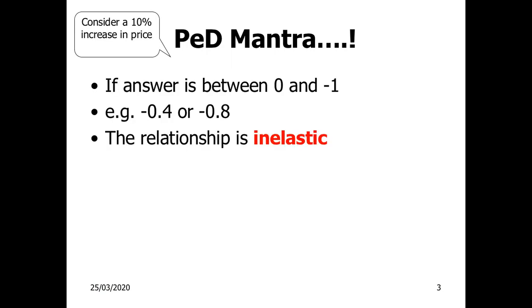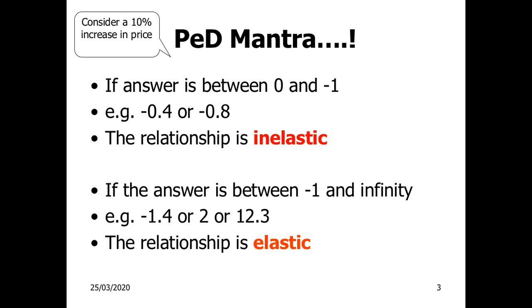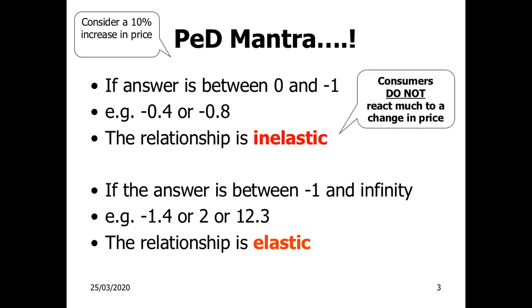So, with PED, generally speaking, if your answer is between 0 and -1, then your relationship is inelastic. If the answer is between -1 and infinity, the relationship is known as being price elastic. When a product is price inelastic, consumers do not react much to a change in price.